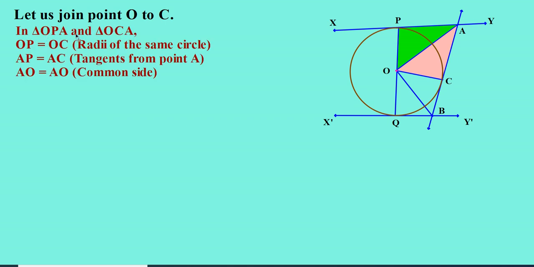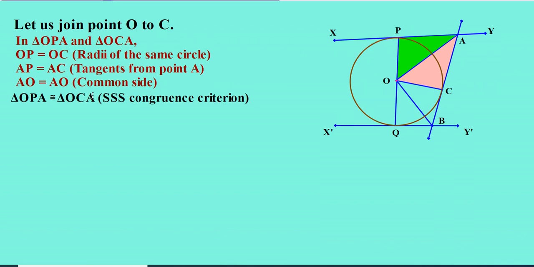So we can write, in triangle OPA and OCA, OP is equal to OC, radii of the same circle. AP is equal to AC, tangents from point A, and AO is equal to AO, common side. So three sides of one triangle are equal to three sides of the other triangle. With which congruence condition is it? It is SSS. So we can write triangle OPA is congruent to triangle OCA by SSS congruence criterion.